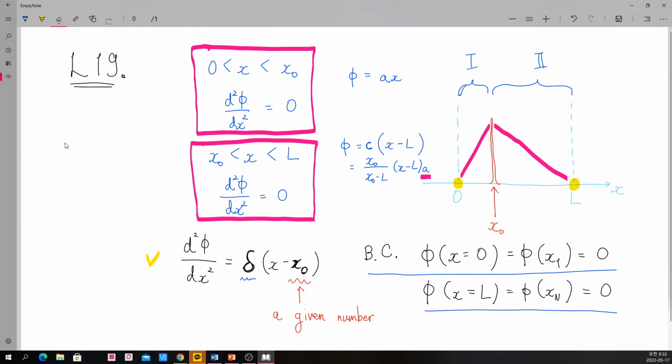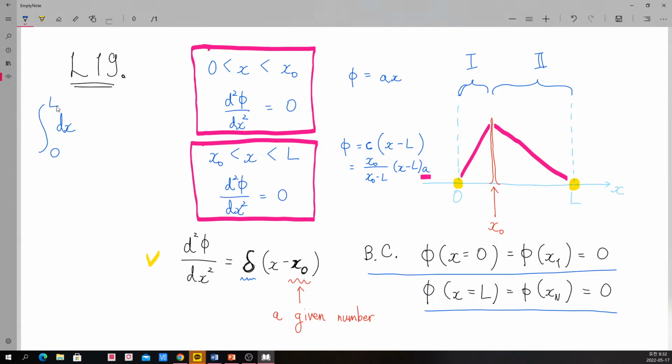So let's say we wanted to introduce a certain integration from minus infinity to positive infinity, for example. However, the domain is restricted to 0 to L. For example, let's say that we wanted to start from 0 and end at L when we make the integration.